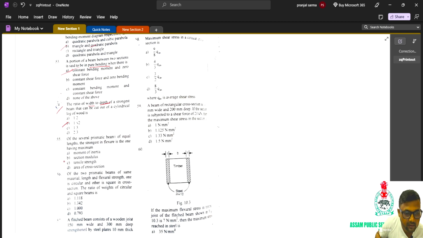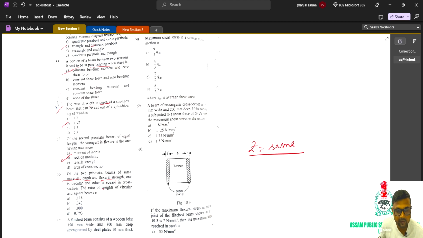Remember this, sectional modulus. Of the two prismatic beams of same material and length, one is circular and the other is square in cross section. The ratio of weights of circular and square beams is asked. That means Z is the same, because the same flexural strength is given.